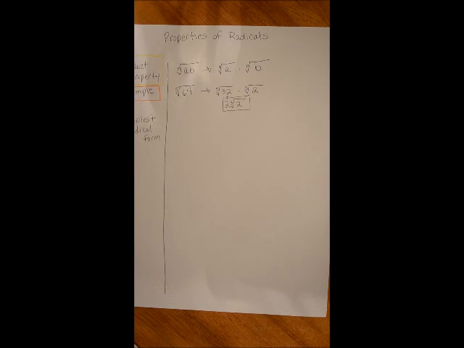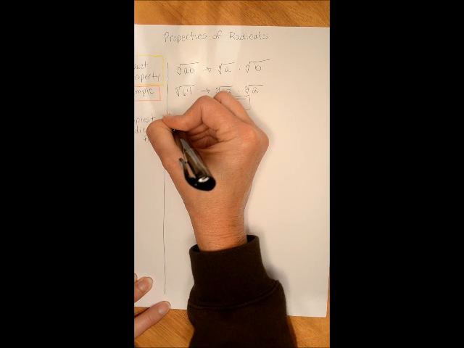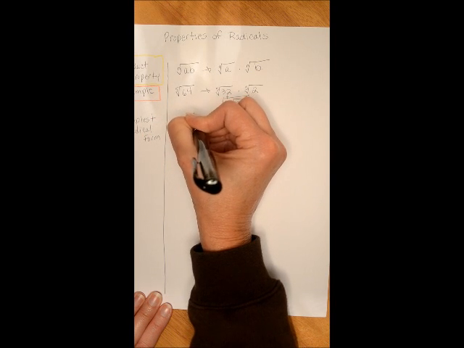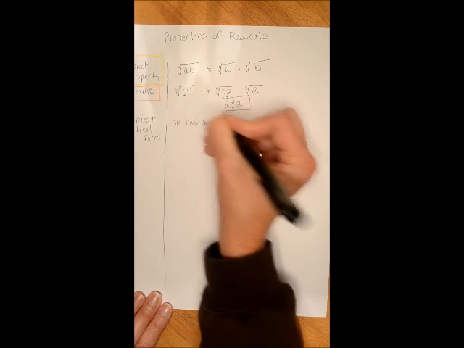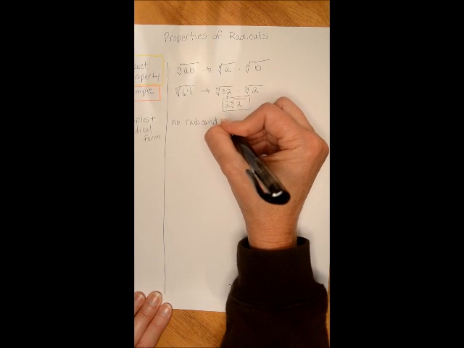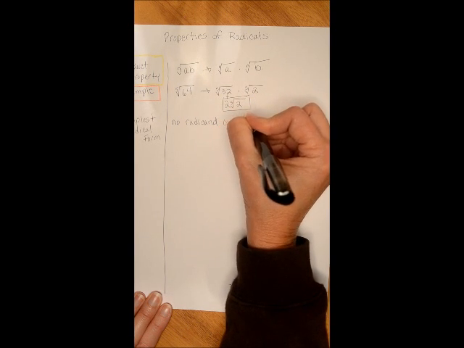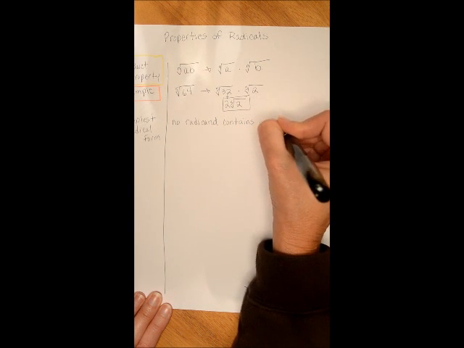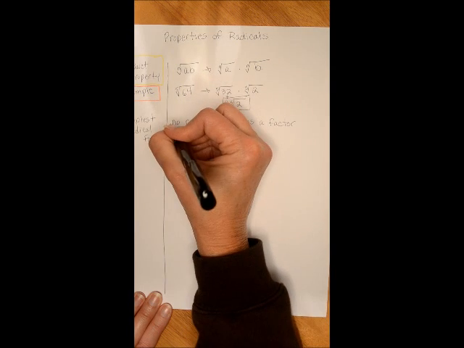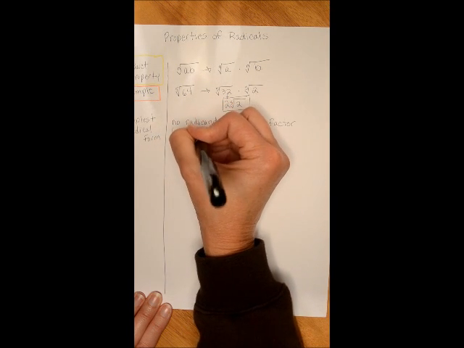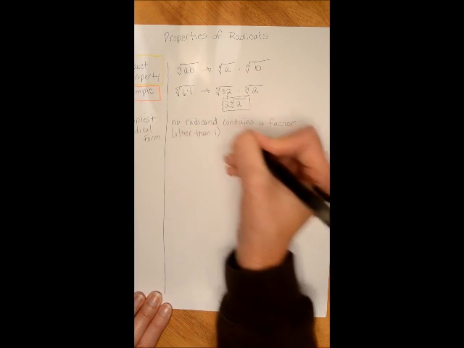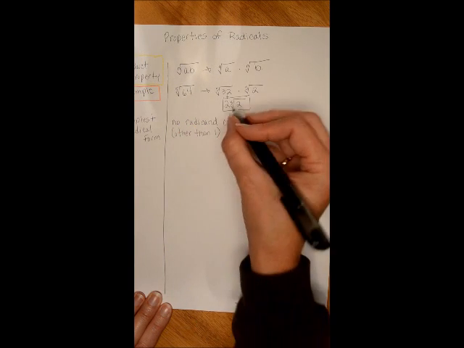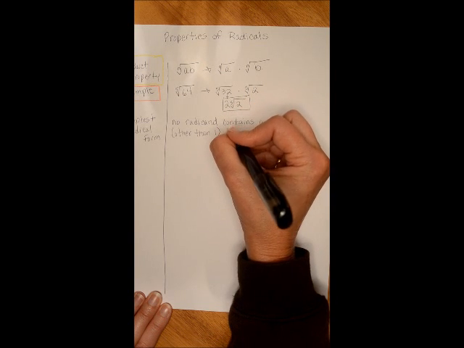Well, when you put it in simplest radical form, this is one of the pieces that has to be true: no radicand contains a factor other than 1 that is a perfect nth power.